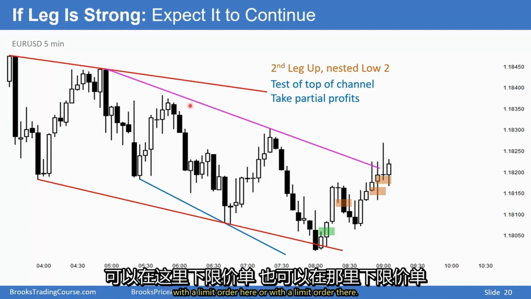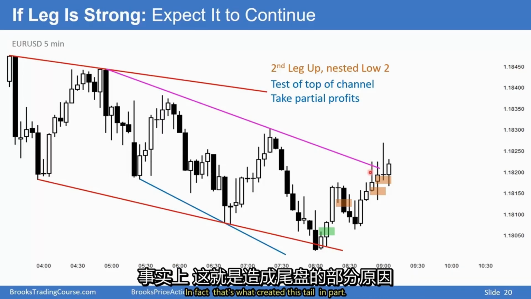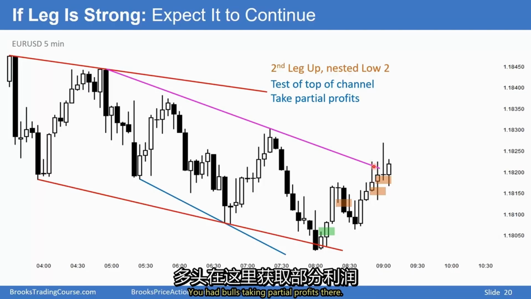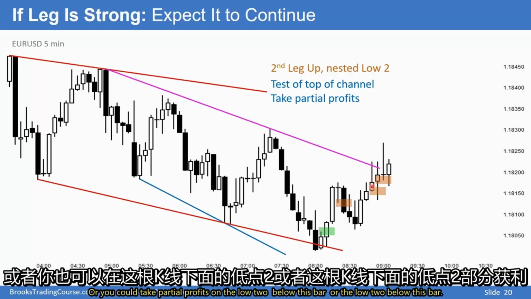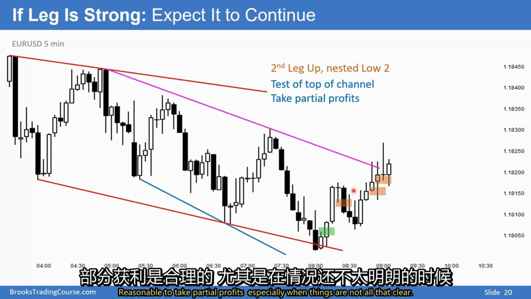We're at the top of a reasonable channel, a good location to take partial profits, either with a limit order here. In fact, that's what created this tail, in part. You had bulls taking partial profits there, or you could take partial profits on the low 2 below this bar, or the low 2 below this bar. Low 1, low 2, low 1, or low 2. Reasonable to take partial profits, especially when things are not all that clear.